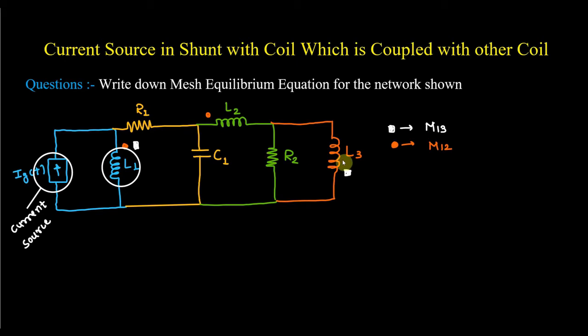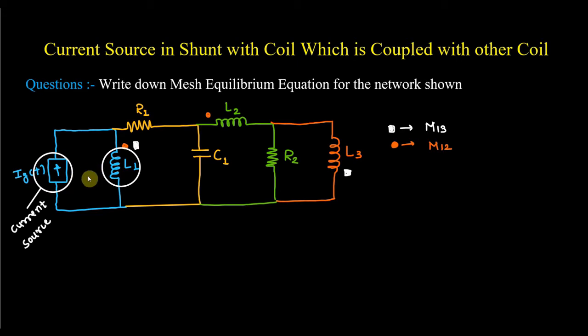So this is a case in which the current source is in shunt with a coil which is coupled with other coils. L1 is coupled with L2 and L3. What do we have to do in such a case? Mesh analysis is based on KVL, and in KVL all the sources must be voltage sources. So we would have to convert this current source into a voltage source.